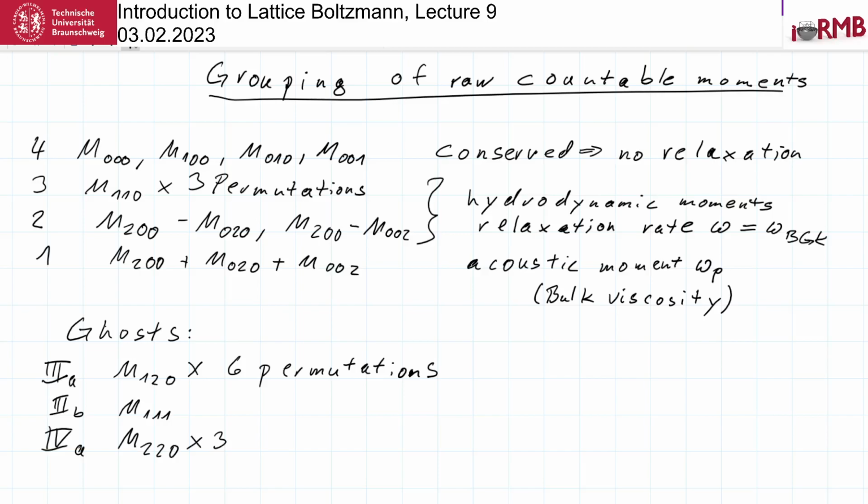You can move the 0 around, right? So this means you get 3 permutations. And then we have fourth order B, which is M211, again with 3 permutations.